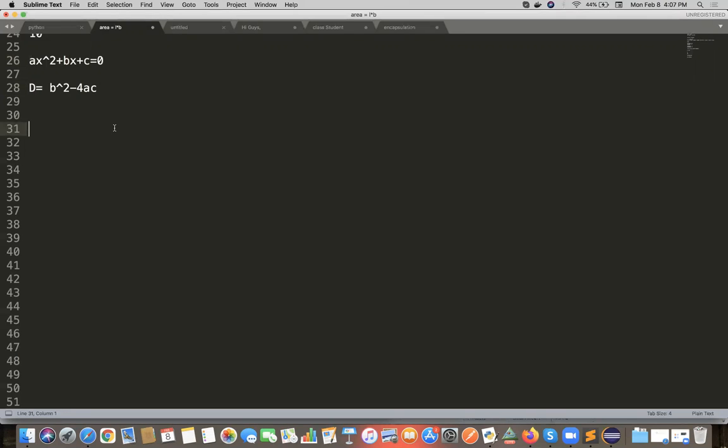So the roots of the quadratic equation formula is minus b plus or minus square root of d, the discriminant, divided by 2a. Okay, so this one is x1, and the other root is the same way, but the only difference is minus b minus.